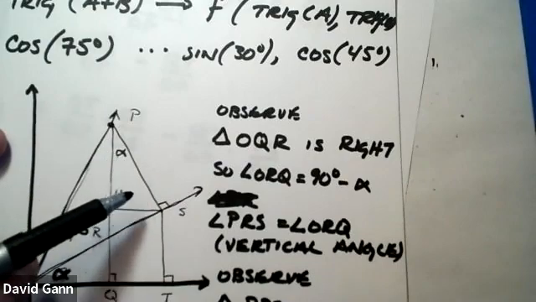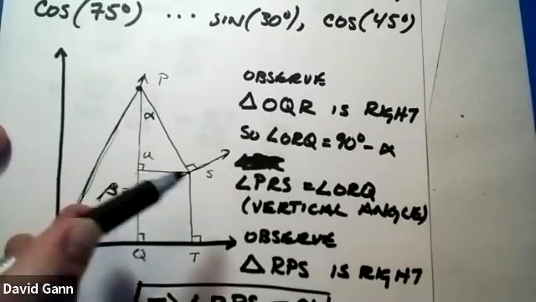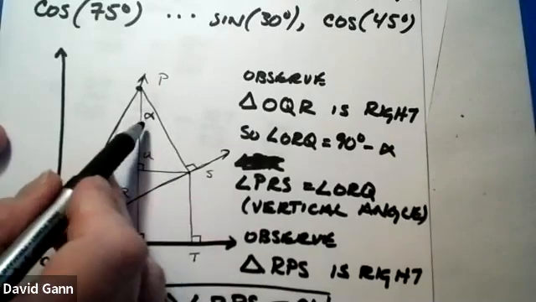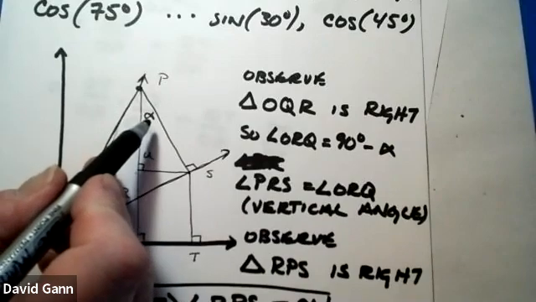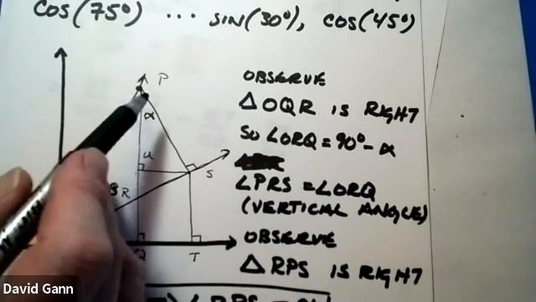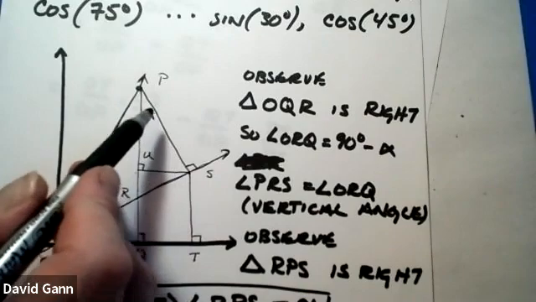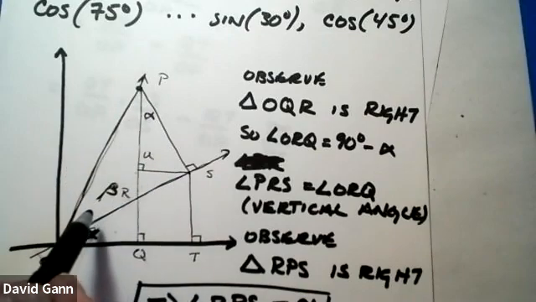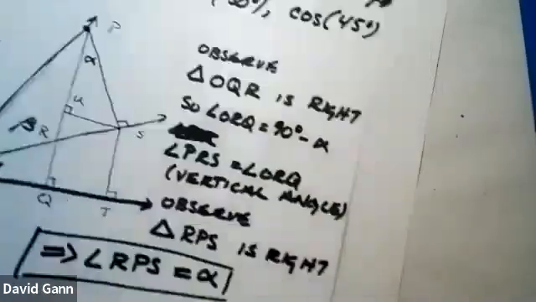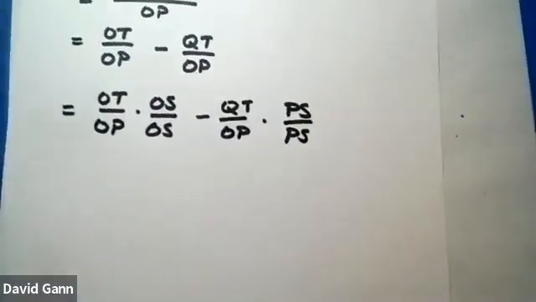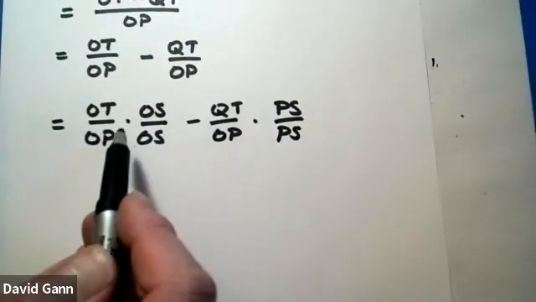What's interesting is that PS is the hypotenuse of a right triangle that has an acute angle of alpha, but it also happens to be the opposite side of a right triangle that involves beta, and that's really the key there. Okay, so at this point, again, I'm going to do a little bit of algebraic trickery.